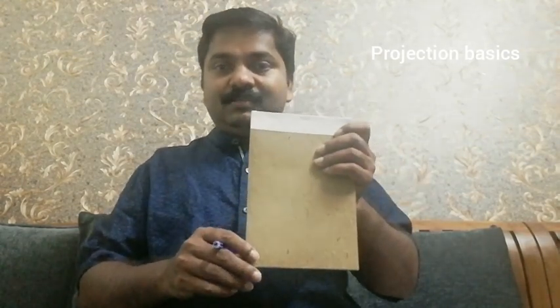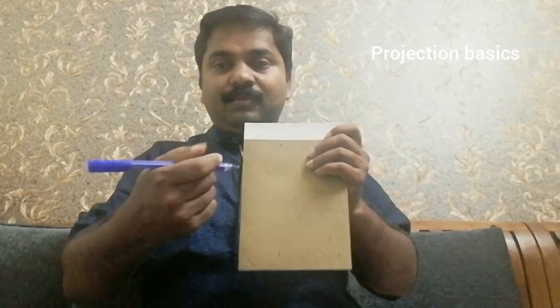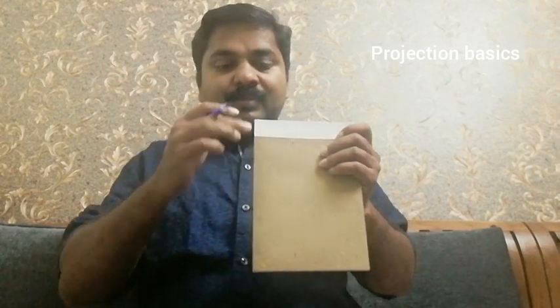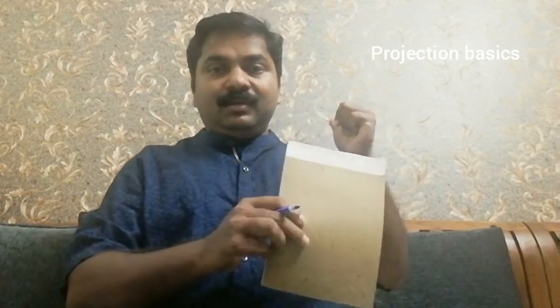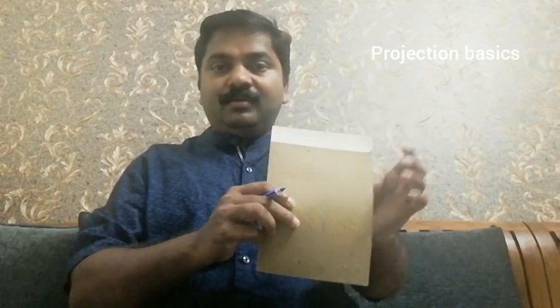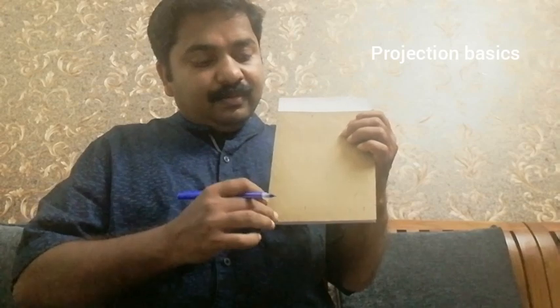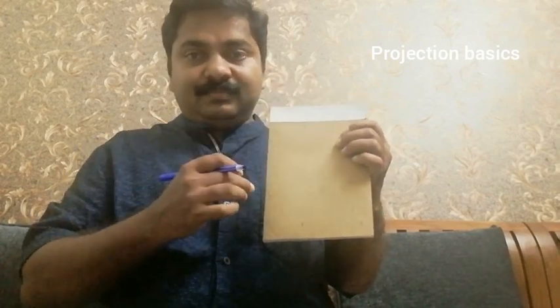Suppose we have an object like this. So if we look from the front, the image will be obtained on a wall. Maybe the wall behind me can be considered as a vertical wall, and the front view will be a rectangle.